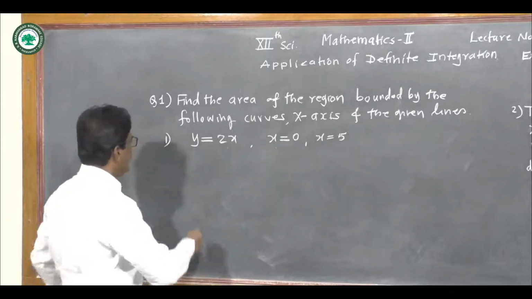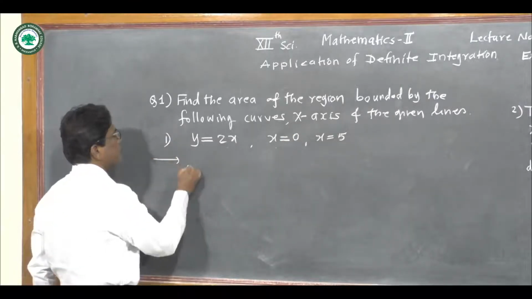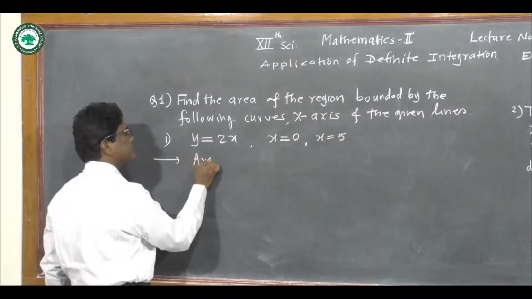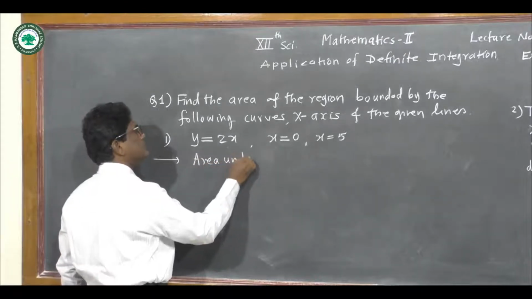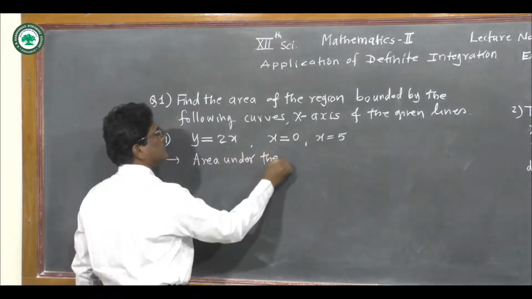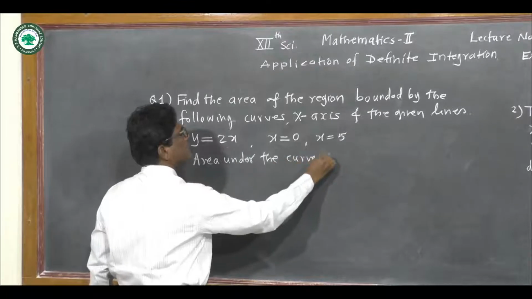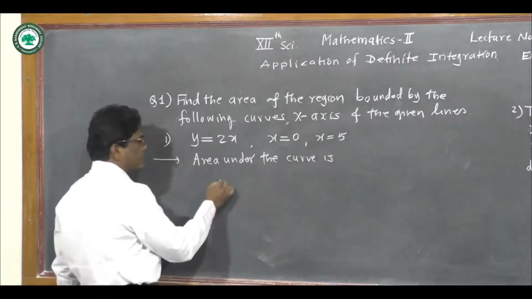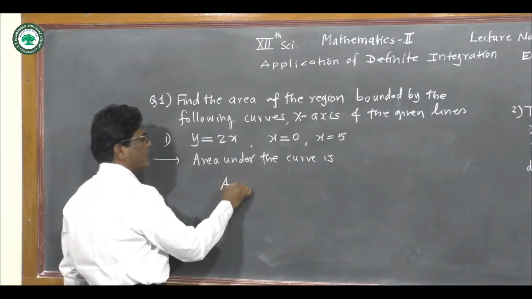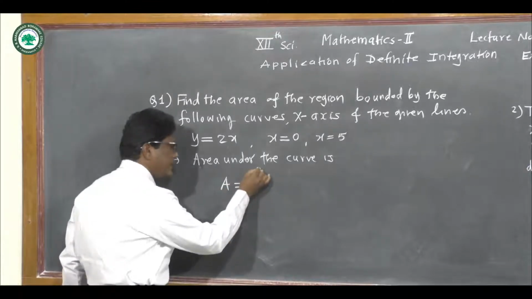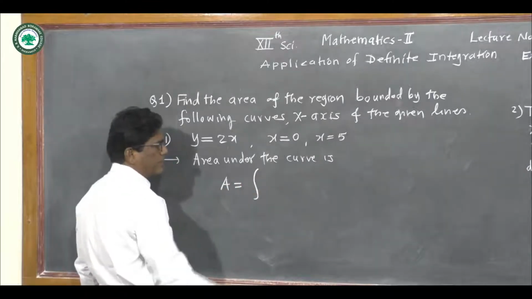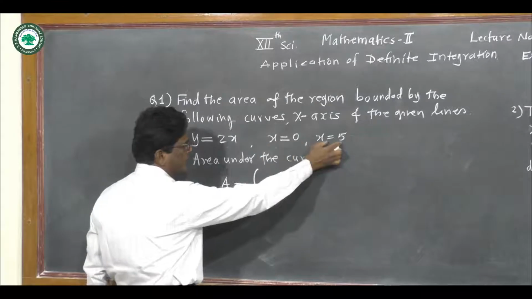So the area under the curve is the solution. Area under the curve, we call it A. Suppose A is equal to a definite integral. Here limits are x is equal to 0 and x is equal to 5.